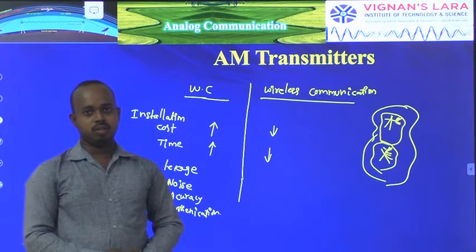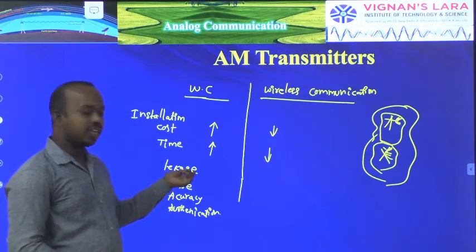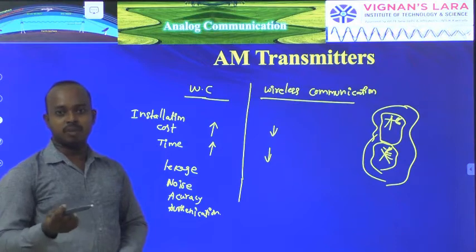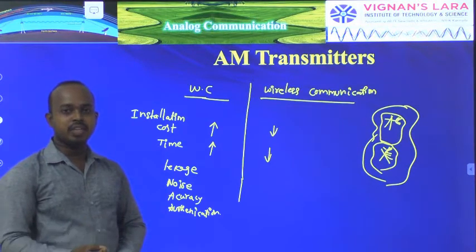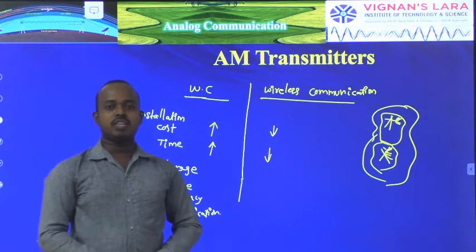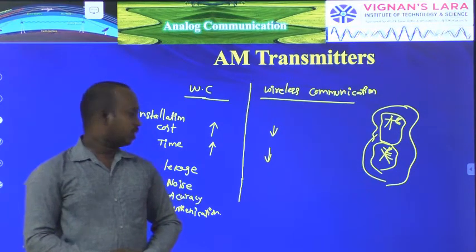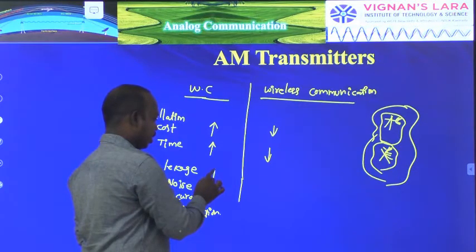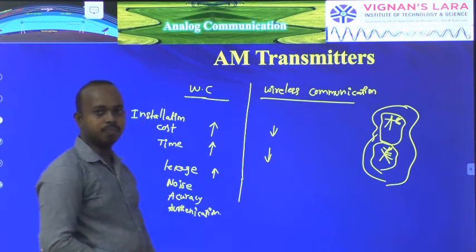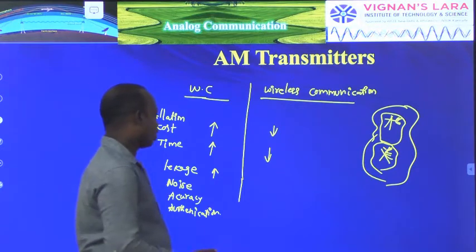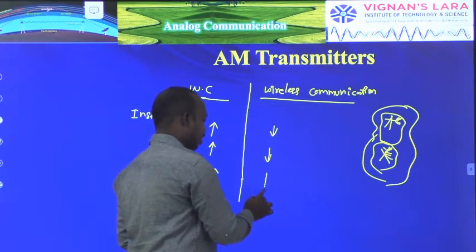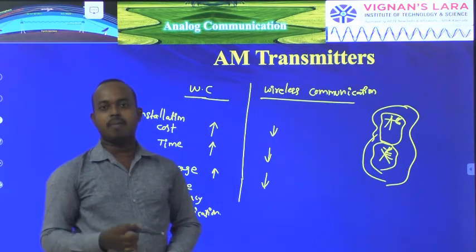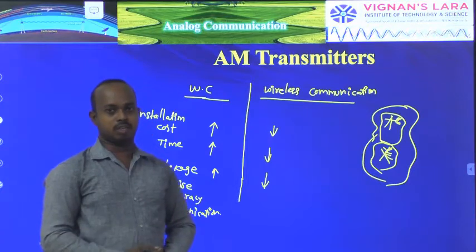In wire communication, we have to identify where the damage is and give a solution, which is very difficult. So leakage identification is more difficult in wire communication. But in wireless communication, you can easily identify problems and re-establish in less time.